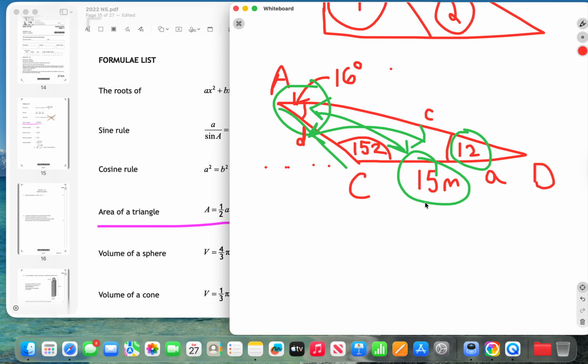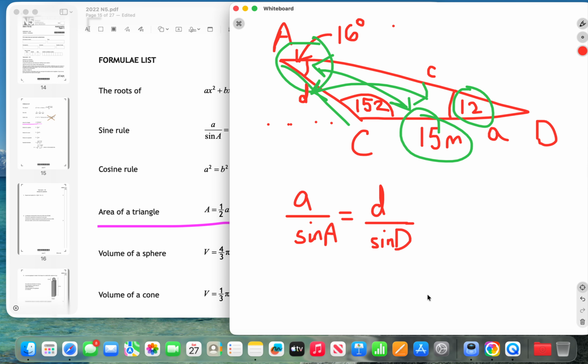So we have angles A and side A, so A over sine of A and D over sine of D, capital D. Watch out with your small letters and your capitals.